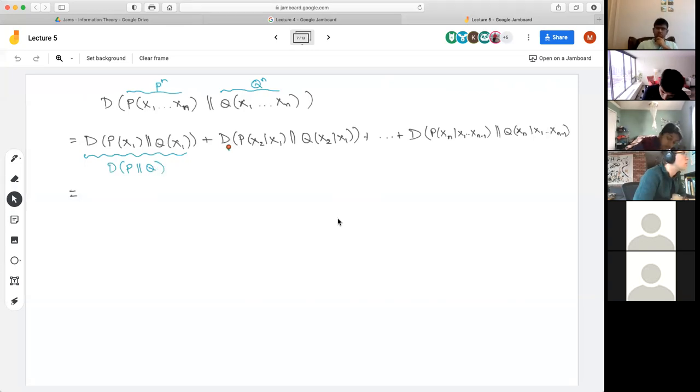Okay, what about the second term? So remember, this is actually a shorthand.